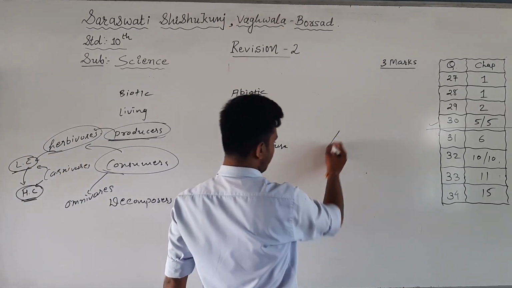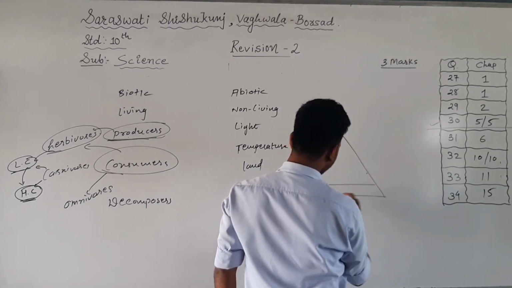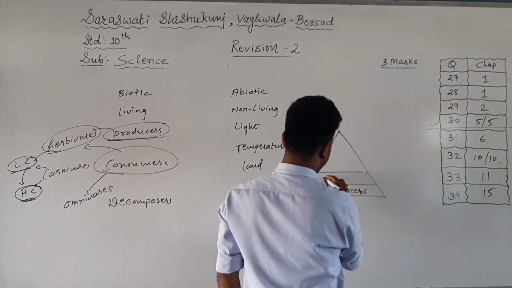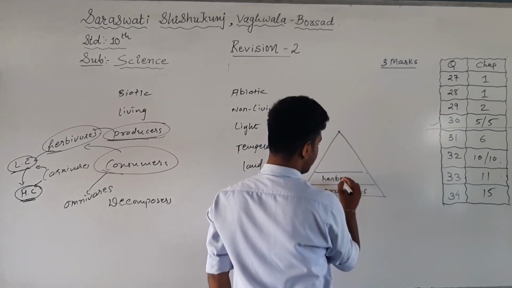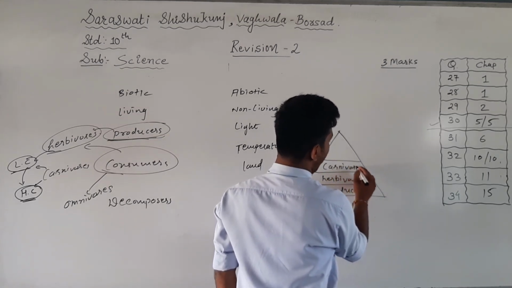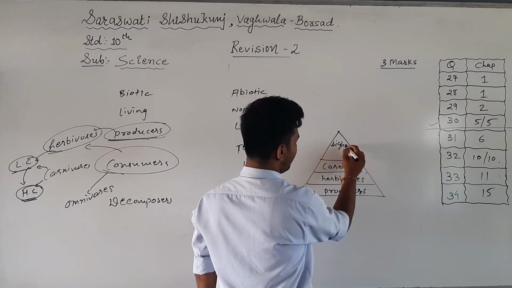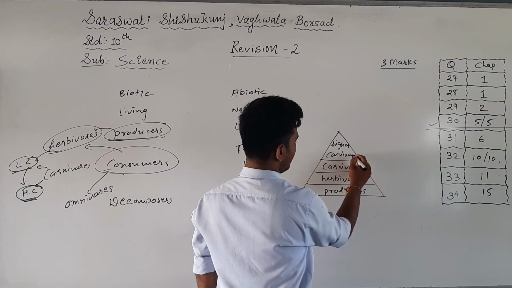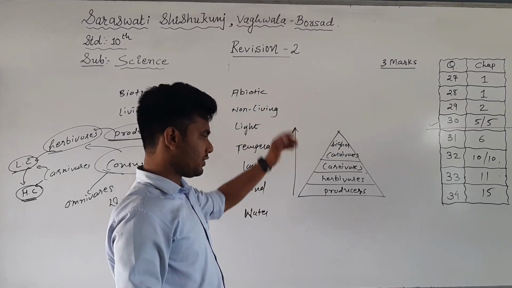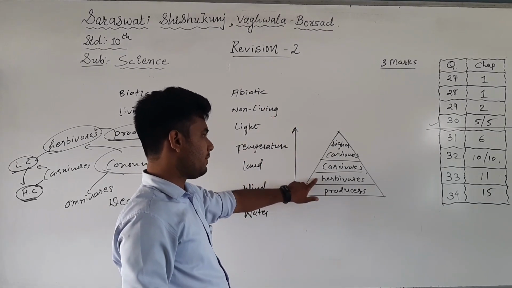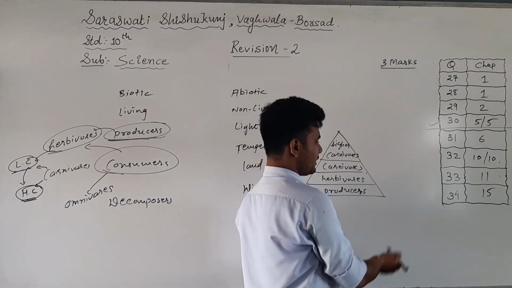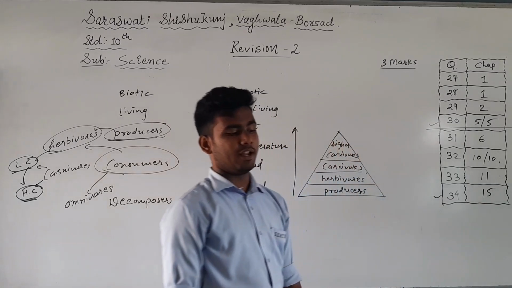So first there will be producers, then herbivores, after that carnivores, and also higher level carnivores. See, the direction of flow is unidirectional. It will always be from producers to herbivores, herbivores to carnivores, carnivores to higher level carnivores. Right? So we can expect such types of questions from chapter number 15.